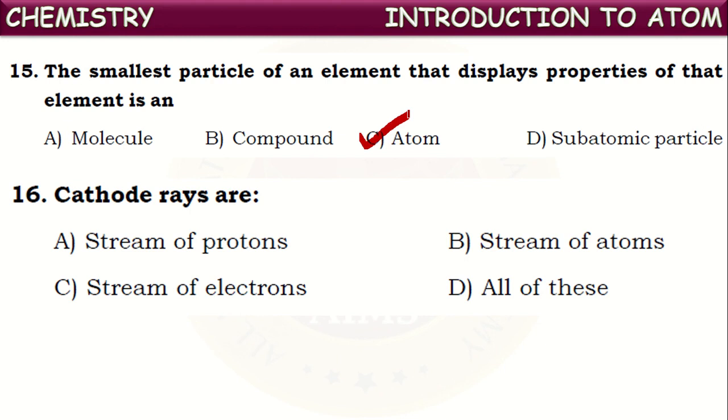They will be the same in all the gases' cases. They won't be changed. So they consist of negatively charged particles, electrons. So cathode rays are a stream of electrons.